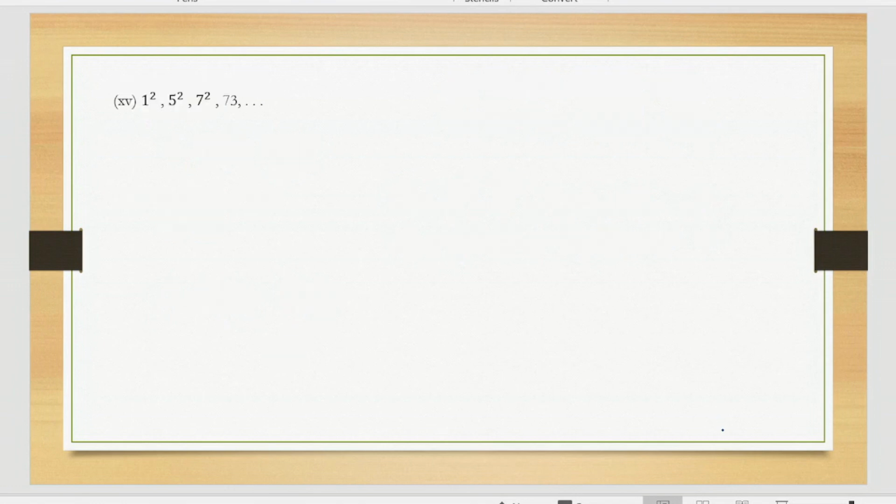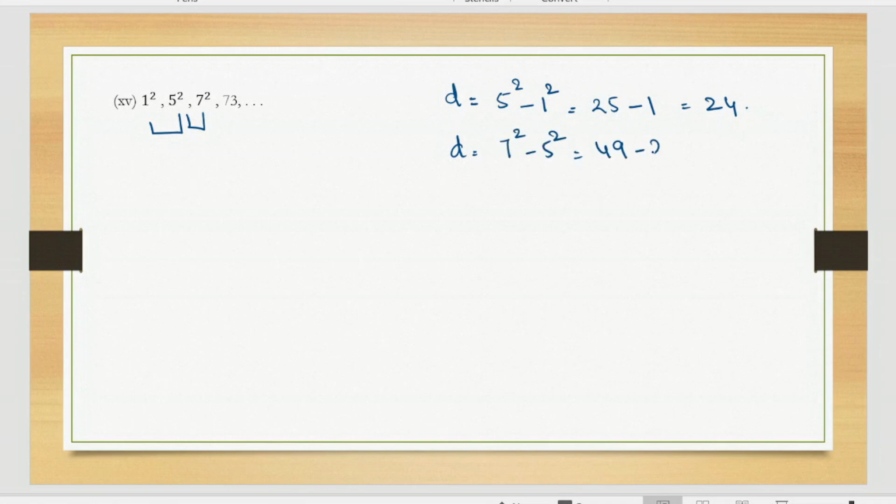So let us solve the next question. 1 square, 5 square, 7 square and 73. First let us find the common difference and see if it is an AP or not. The common difference between the first two terms, 5 square minus 1 square, is 25 minus 1, which is 24. The next common difference, between A2 and A3, is 7 square minus 5 square, which is 49 minus 25, also 24.